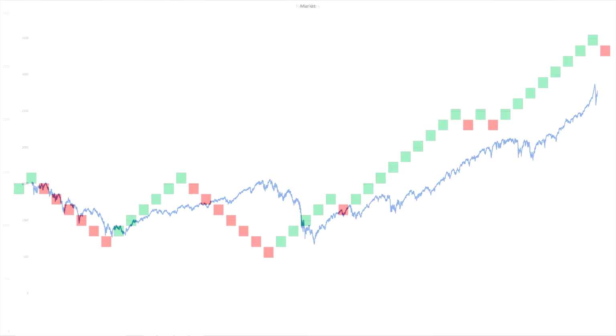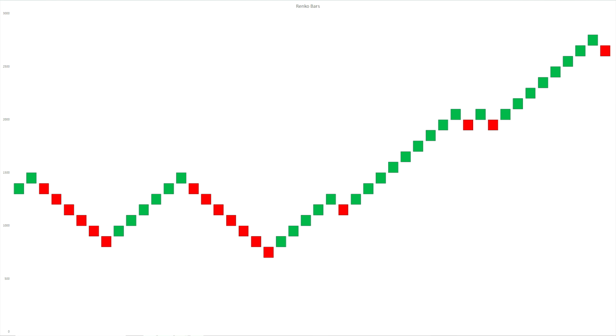And the final thing is not immediately obvious, but it is clearly there once you're looking for it. It's the fact that at each change in direction from green to red and back to green, we have a hanging block or brick, as they're sometimes called. And this is quite a significant feature of Renko bars.